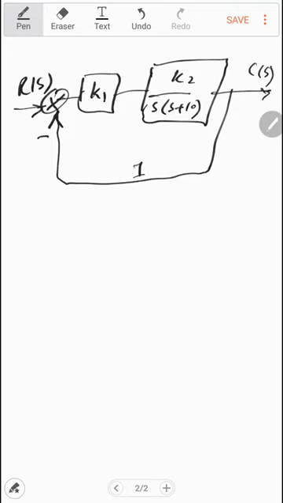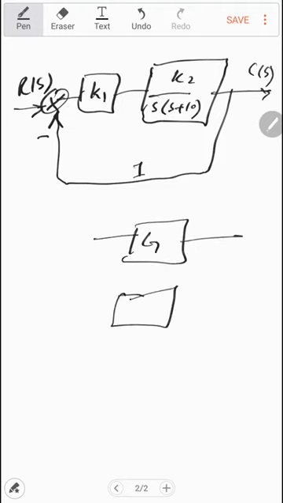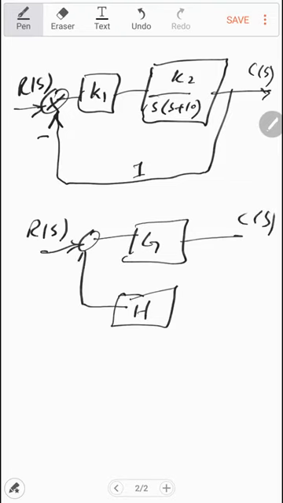Now let's say we find the closed loop transfer function. Remember, if we have the forward transfer function G and the feedback transfer function H, this is the input function R(S), this is the output function C(S), and this is the feedback transfer function.